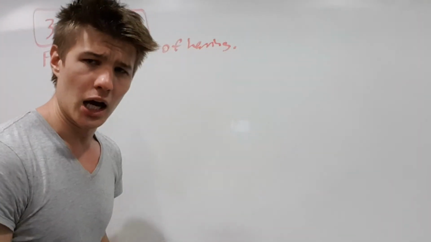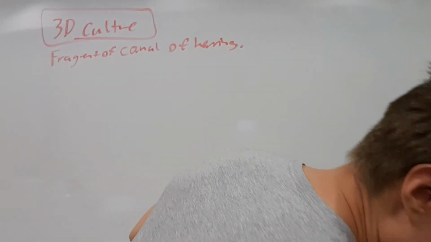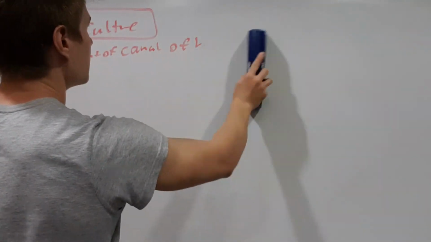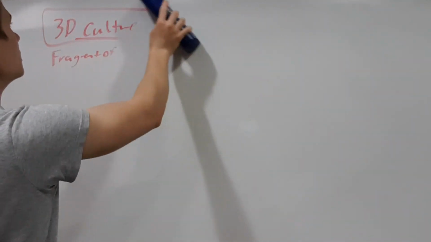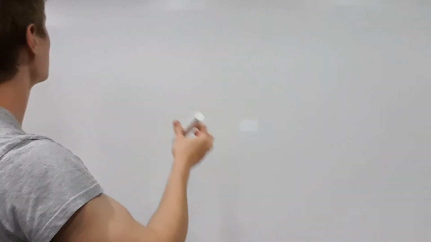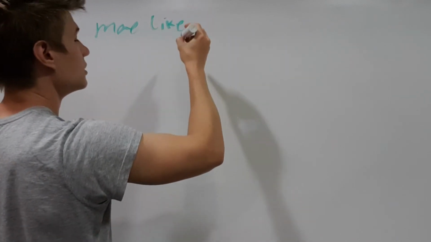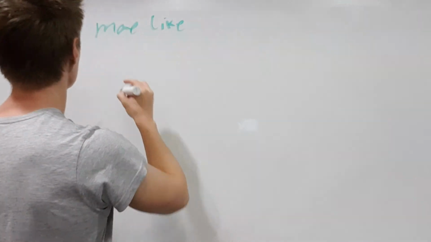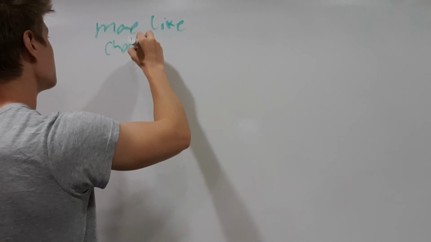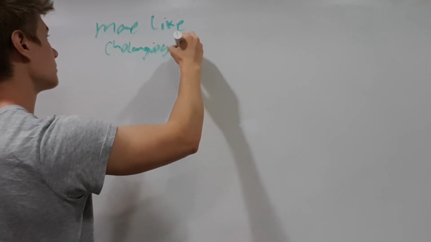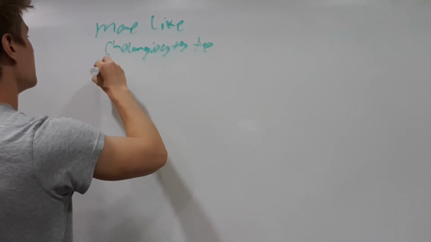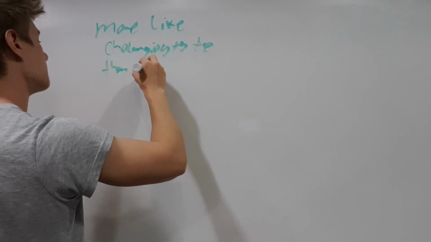And the last thing I'm going to say is about human organoids. You just need to make sure when you're doing this with human organoids that the human stem cells are more like cholangiocytes than they are hepatocytes. More like bile duct cells, bile duct cholangiocytes, than hepatocytes.